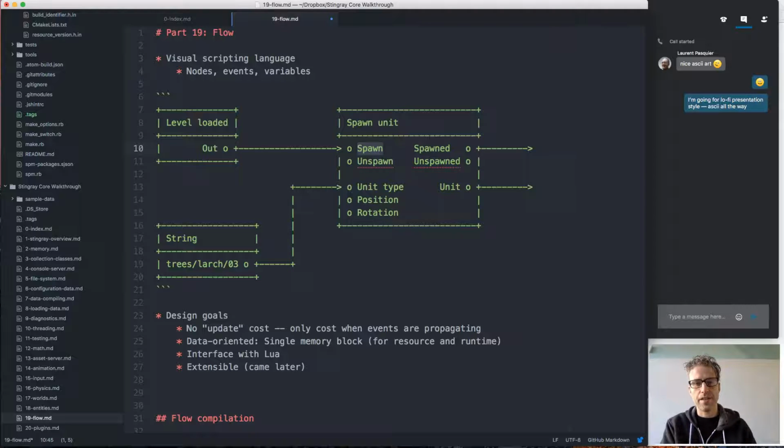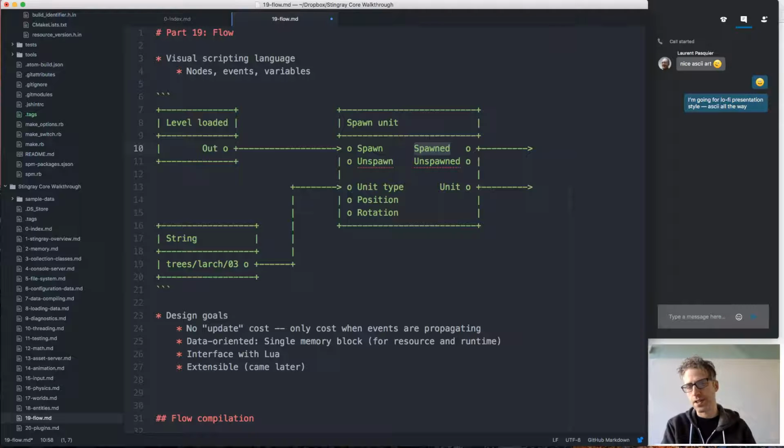And then this node has two out events in turn, one spawned out event that might be connected to something else here, and that will be triggered after the unit has been spawned. So the in event will come in here on the spawn connector.